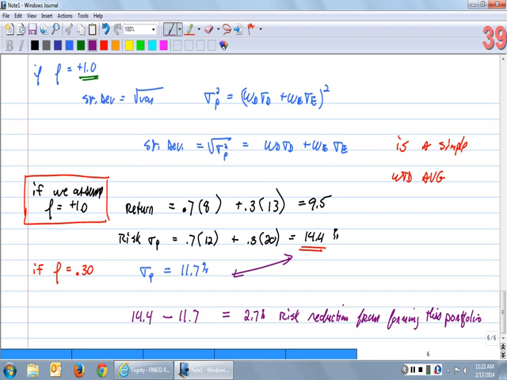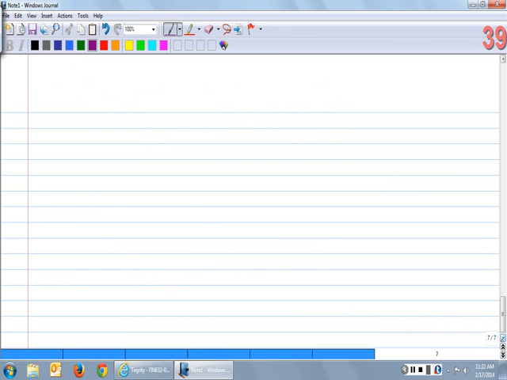All right, now let's look at a different scenario. What if we assume that the correlation between these two assets is perfect negative, which is -1? Well, guess what? The variance of our portfolio simplifies to (WD sigma D minus WE sigma E) squared.